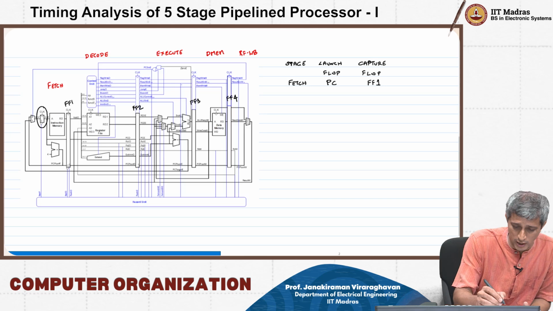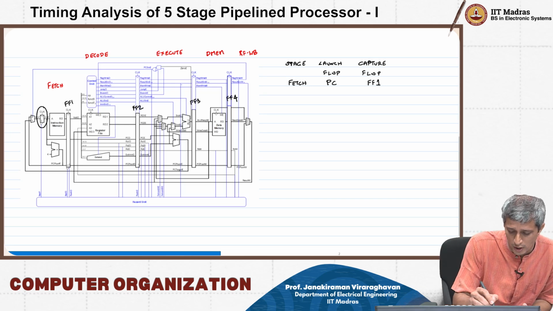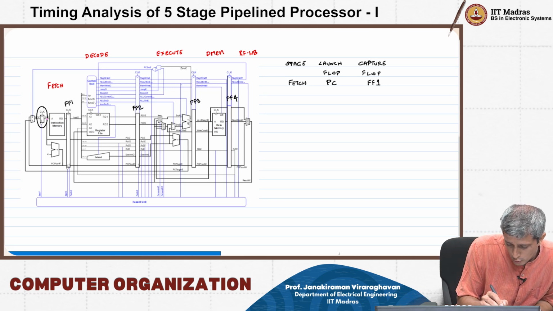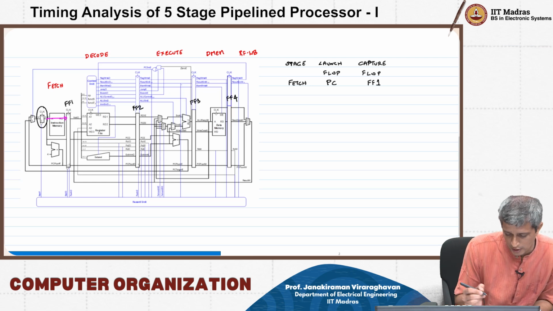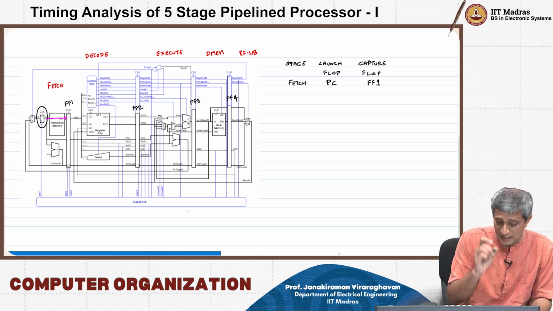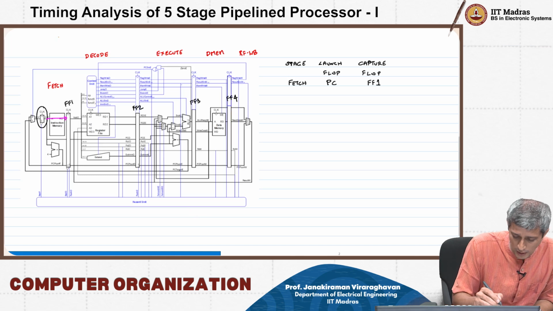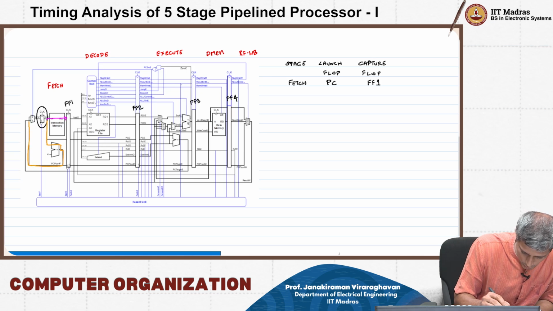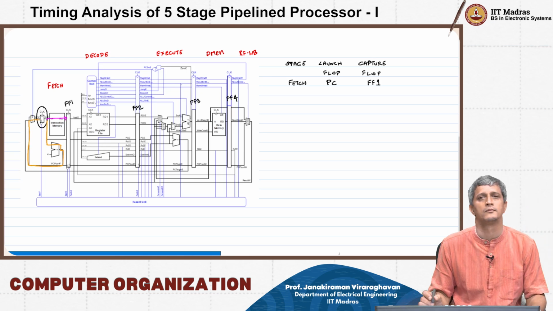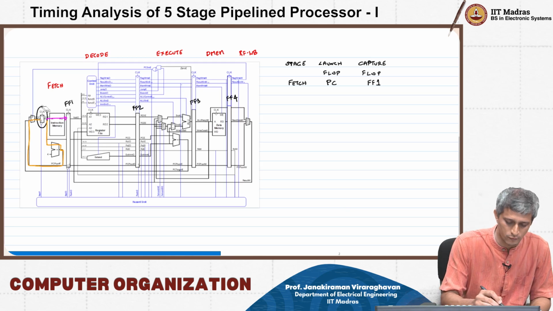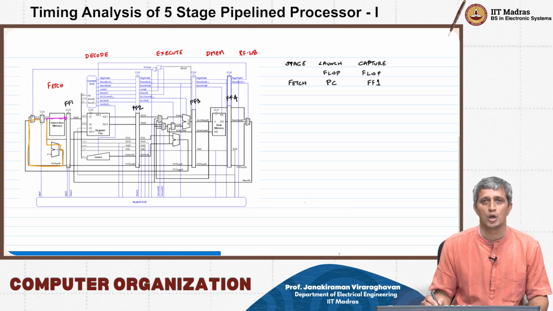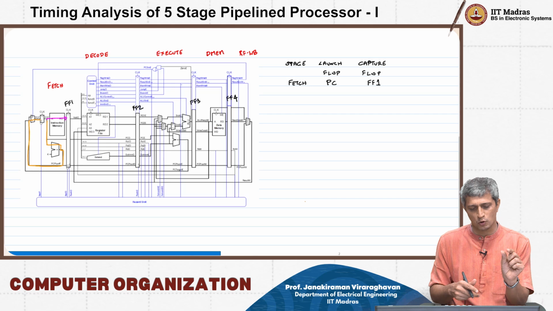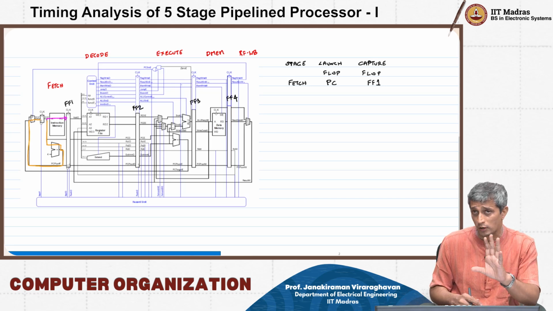Now what is the critical path that is going to determine this whole thing? If you look at it here, there are 2 different paths. One, you are going through this data memory and then coming here. Additionally, there is another interesting path which is going through this adder and coming back through this mux to the program counter itself. That path is just going through one very small adder, not a full-fledged ALU.